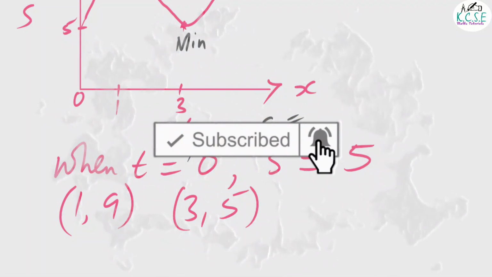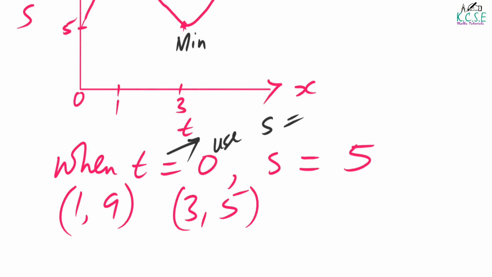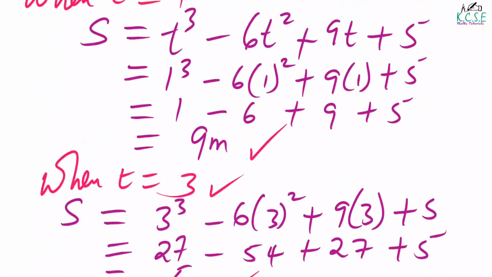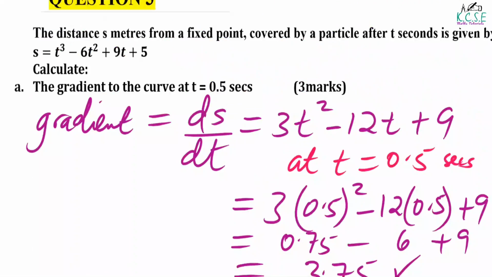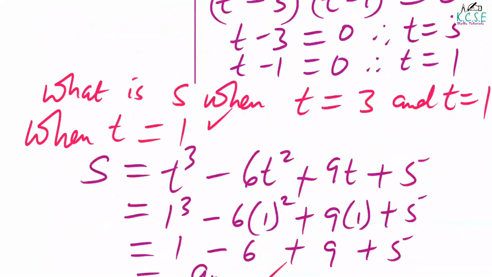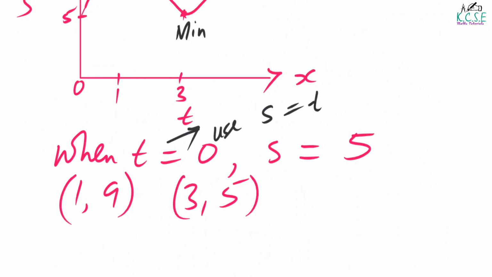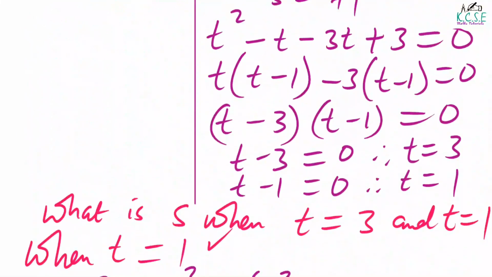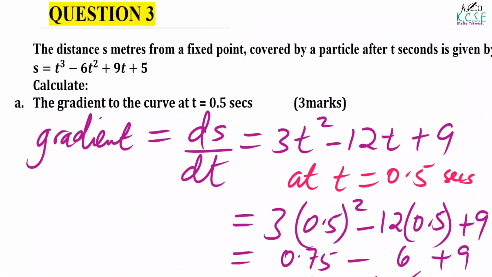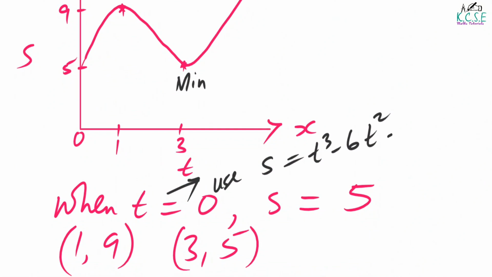So that one will be s equals t cubed minus 6t squared plus 9t plus 5.